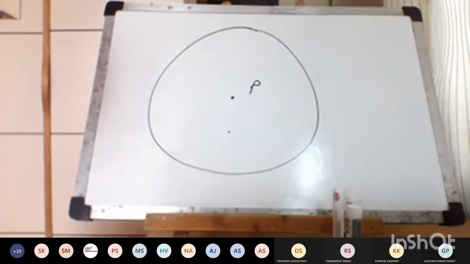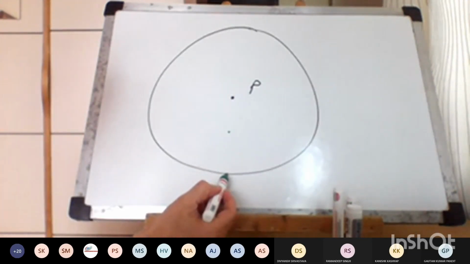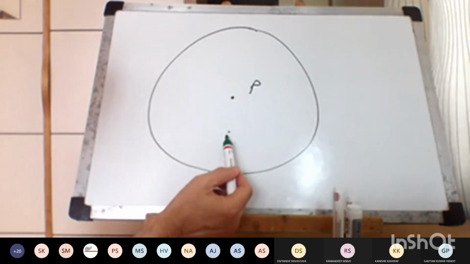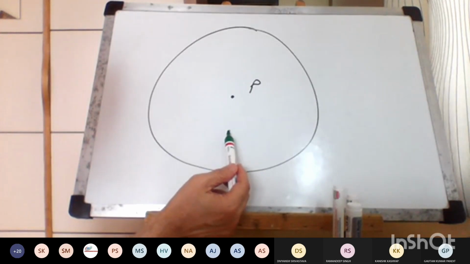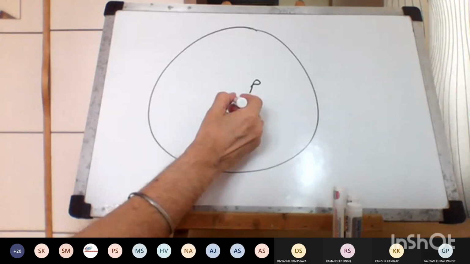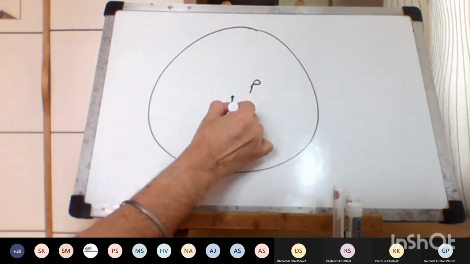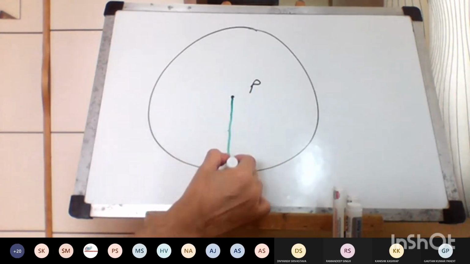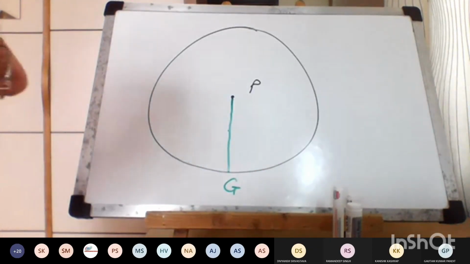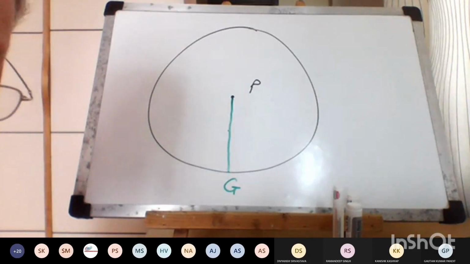If something has zero declination, I will put it here. But if something has 90-degree declination, I will put it here. If something has 30-40 degree north latitude or declination, I'm right in putting it here, correct? So if I draw a meridian from the pole passing through Greenwich, will it look like this? Yes, sir. So that is why we call this the Greenwich meridian.